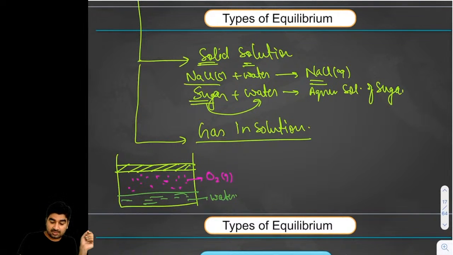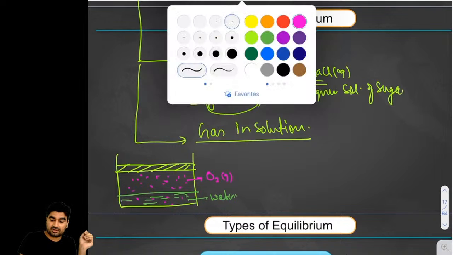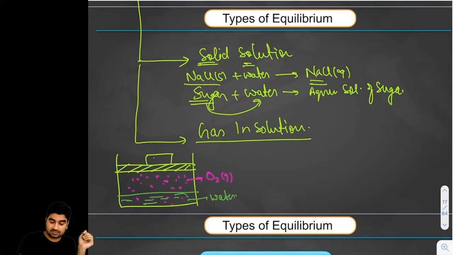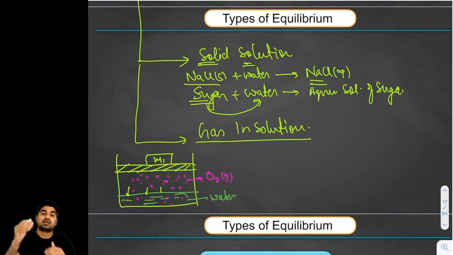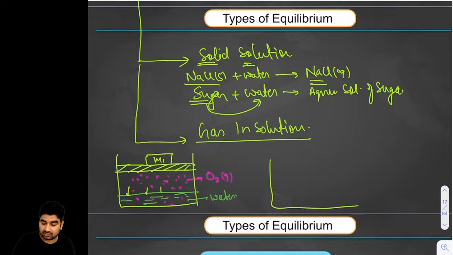So when I'm applying pressure, some O2 gas particles will be dissolved in the water as well. And if I'm increasing the pressure, what will happen? More and more gas particles will collide with the water surface, guys.